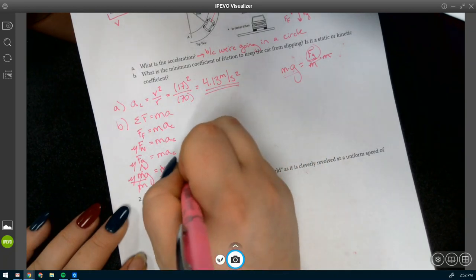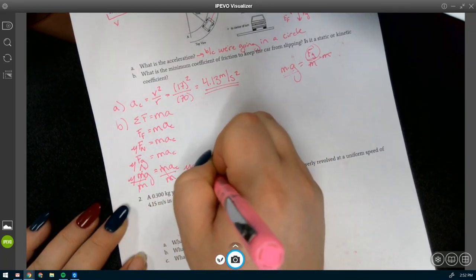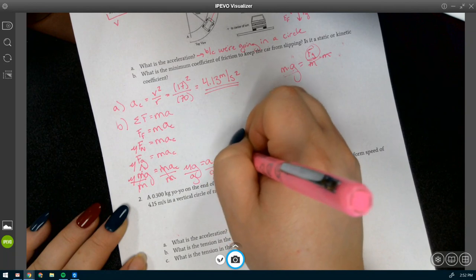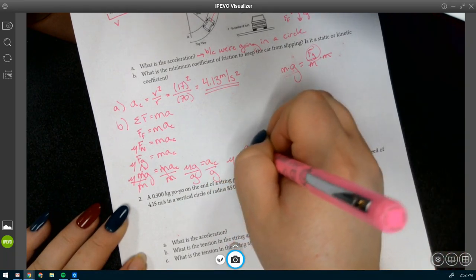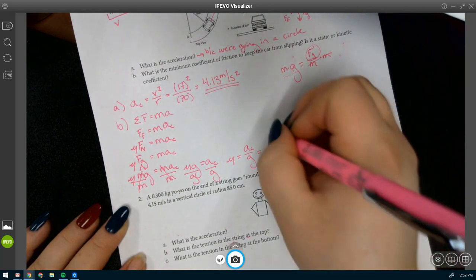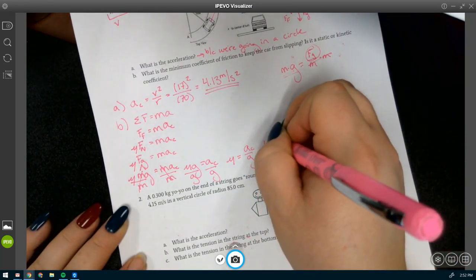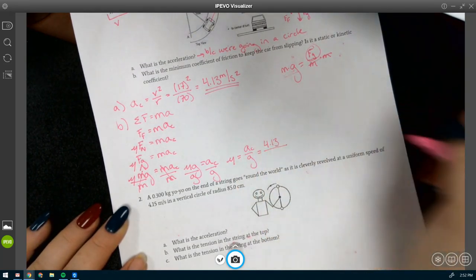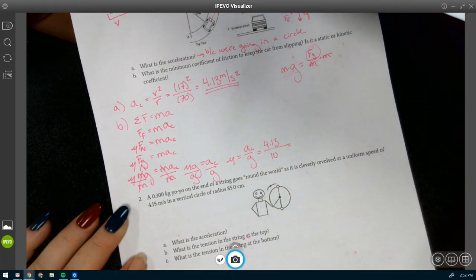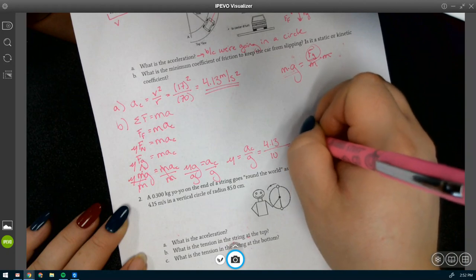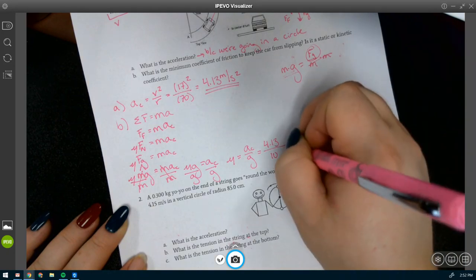We're solving for mu, so I'm going to divide both sides by g. We found the centripetal acceleration in part A, so 4.13 divided by g, which in our nice little fictional world is 10, and we get 0.413.